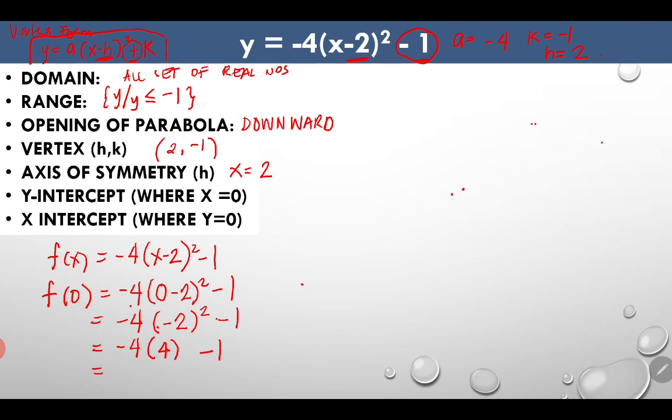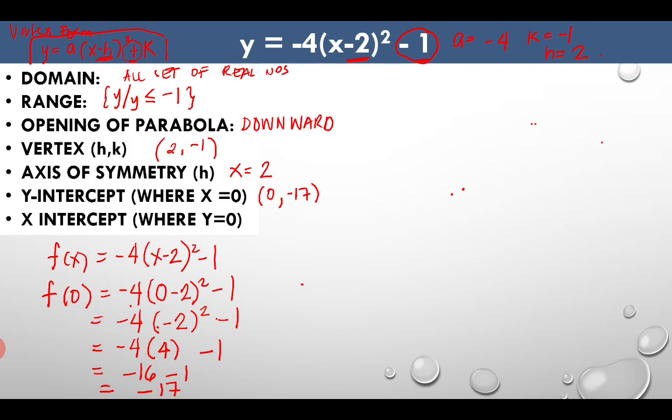Negative 4 times 4 is negative 16 minus 1. So, our f of 0 or our y is equals to negative 17. So, the y-intercept, coordinates din siya, point din siya. Ang x niya ay 0, ang y niya ay negative 17. So, dyan tatama yung parabola sa y-axis.